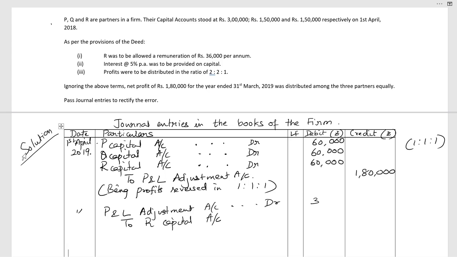Amount 36,000. Being remuneration allowed to R.